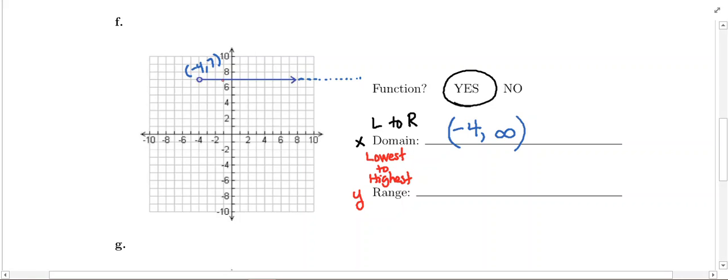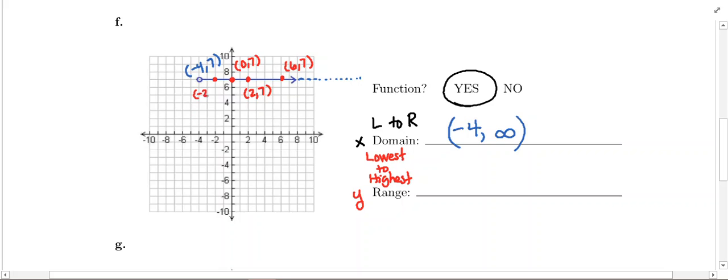I am just going to label some points on this line. We already know (-4, 7) is the open circle. If you look at this point right here, it has coordinates (0, 7). If I look at this point, it has coordinates (2, 7). This guy has coordinates (6, 7), and so on. Just looking at various points on this line, I'll do one more.